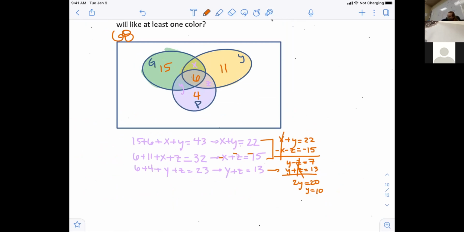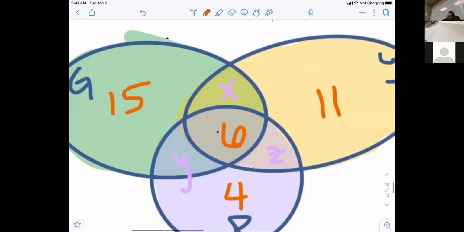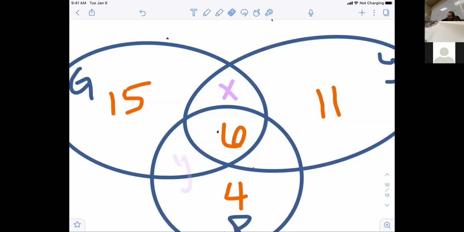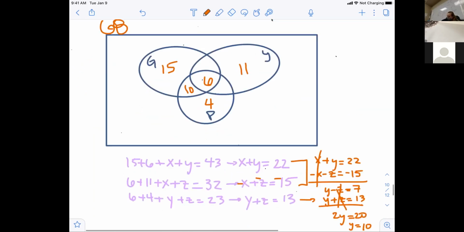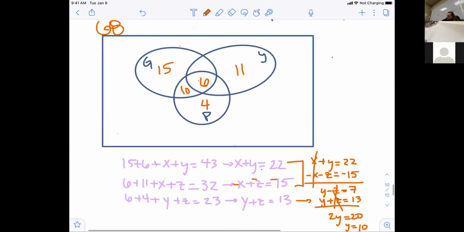Okay. So put 10 in here. So I found y is 10. So green and purple is 10. Okay, now I've got to find my x. y was 10, so that means x plus 10 equals 22.